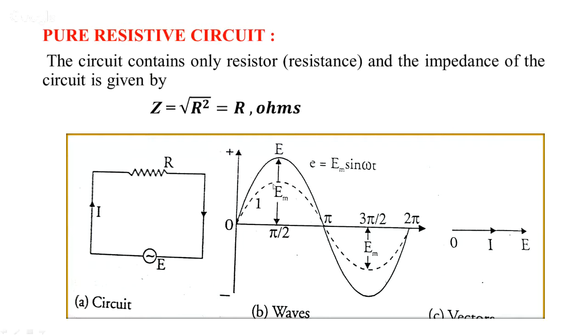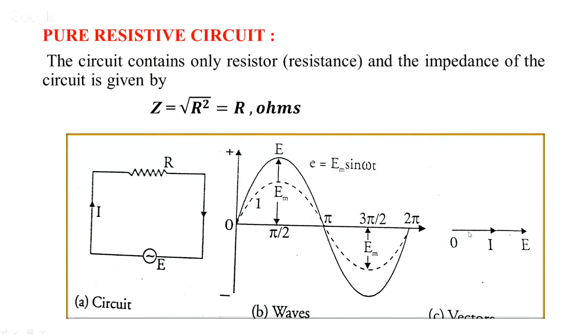That means to say there is no phase difference between the voltage and current. Both of them are increasing, reaching the peak and reaching the 0 value simultaneously. Only difference is seen here in their amplitude.